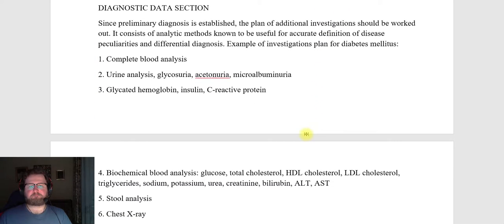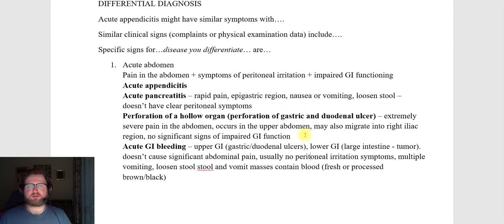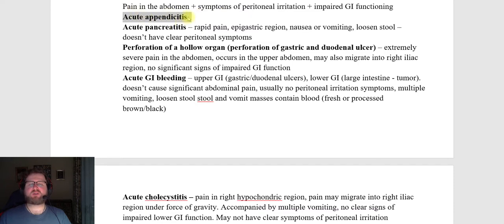So, if we think that our patient has specifically acute appendicitis, it means that we need to choose such a diagnostic procedure which will give us an opportunity to see the pathologic appendix, a diagnostic method which will show us the status of other abdominal organs, and a diagnostic procedure which will give us information about the systemic status of this patient.